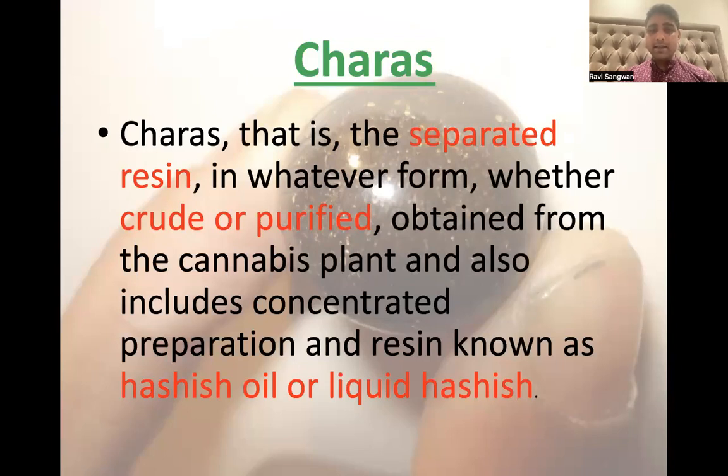Charas is the resin part, crude or purified form, obtained from the cannabis plant, and includes concentrated preparations of resin known as hashish. If we prepare it more, we can make hashish oil or liquid hashish from it.